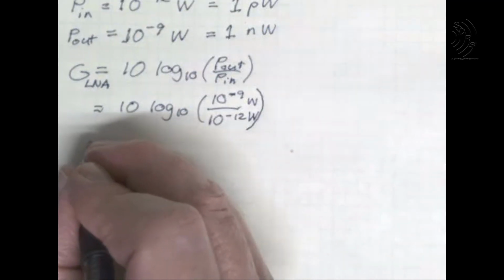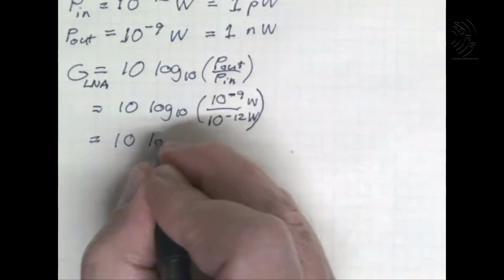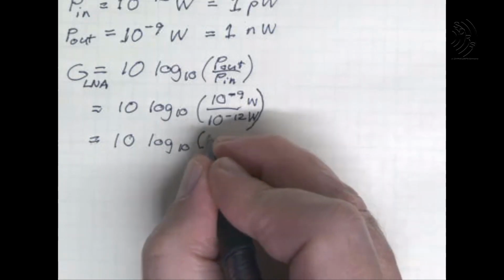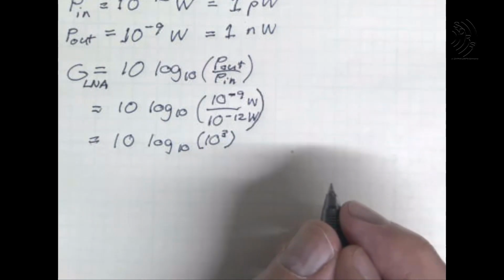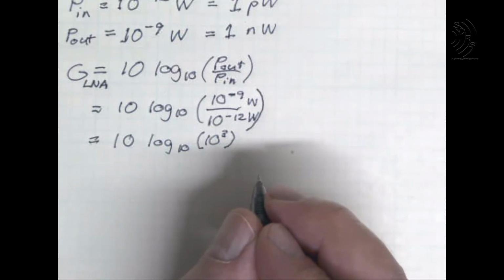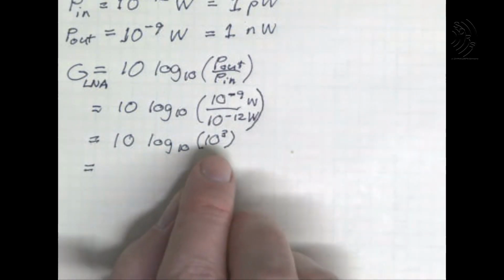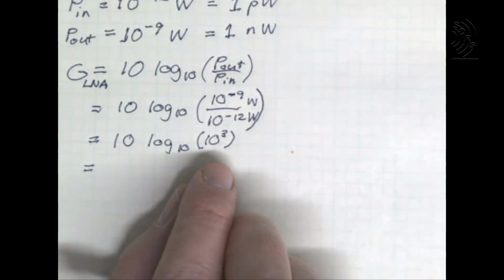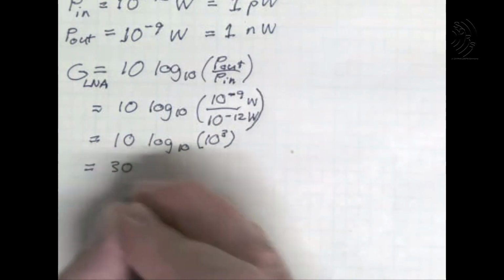And this is equal to 10 log 10 of 10 to the 3, or 10 times log base 10 of 1000, and by definition the log base 10 of 10 to the 3 is 3, so this just gives a gain of 30 dB.